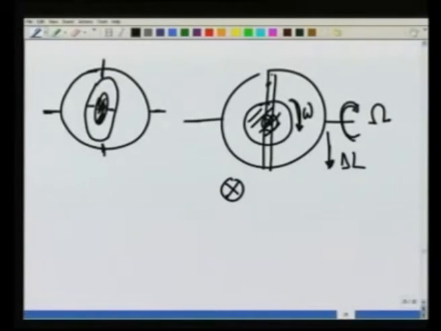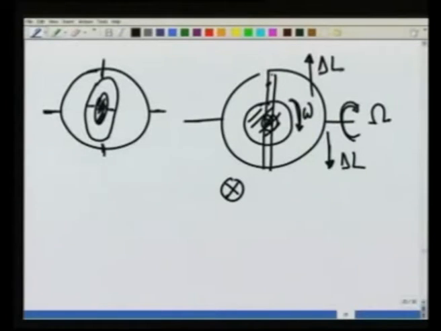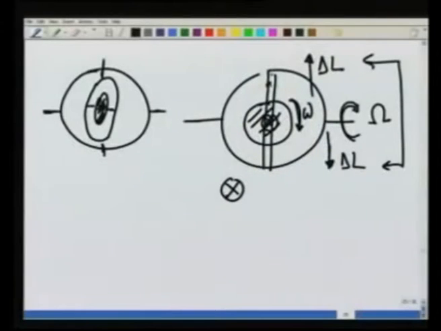It rotates in such a manner so that it develops a corresponding delta L in this direction, in order that net change in the angular momentum is 0, and that means it will tend to rotate like this. This frame would come out here and go in here, so that it develops an angular momentum in this direction, and that is why this whole thing aligns with omega.